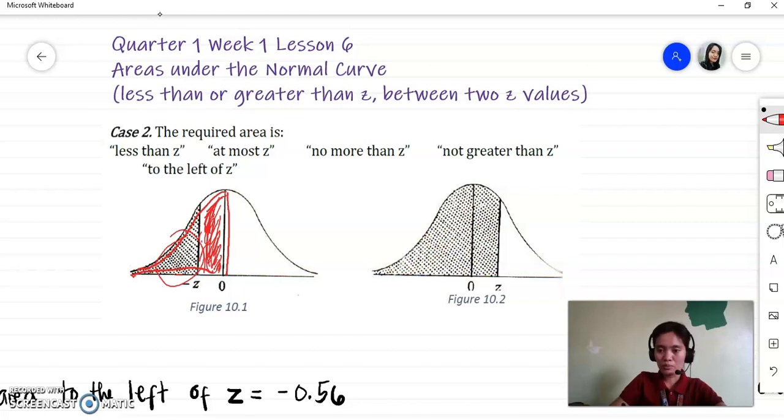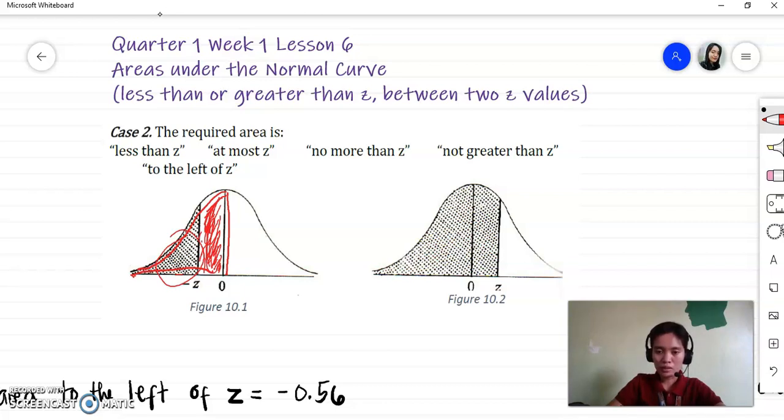If you have a positive z here, that's to the left of z, so this is the area that you need to get. You can see that this region here is larger than half of the normal curve.